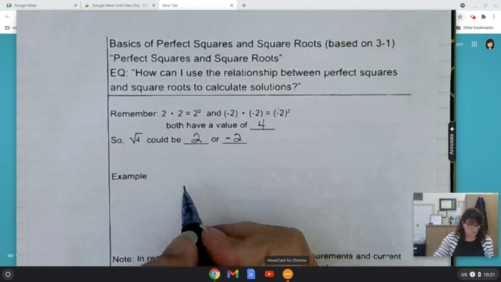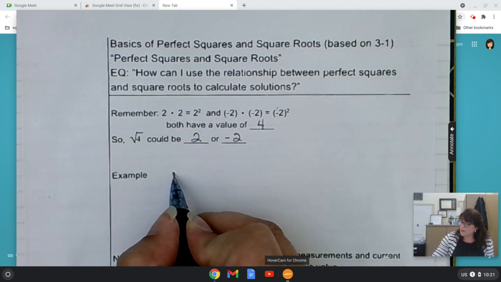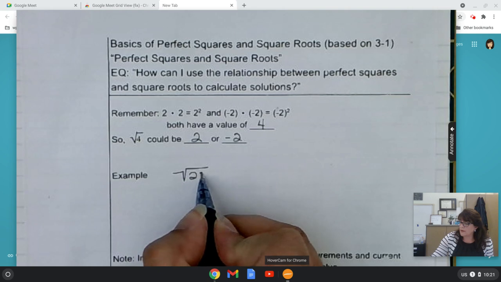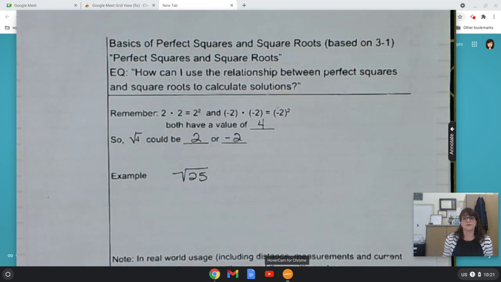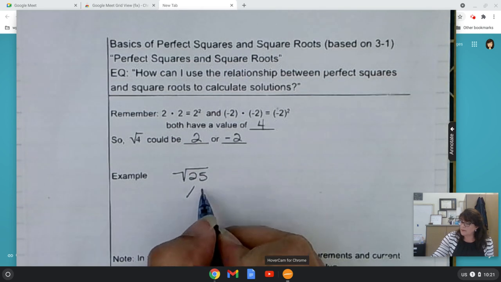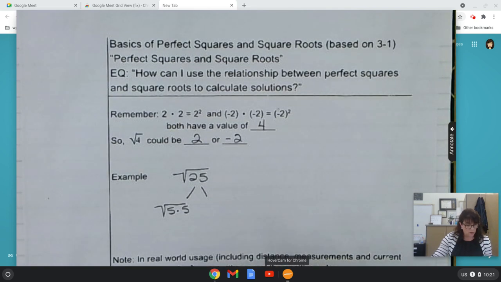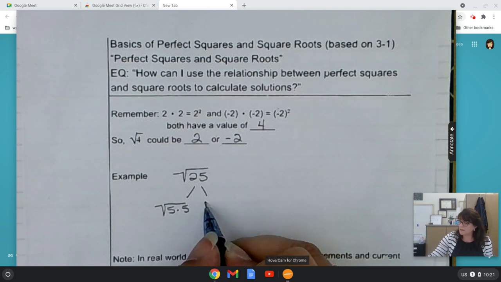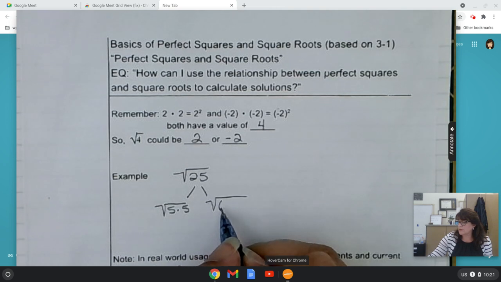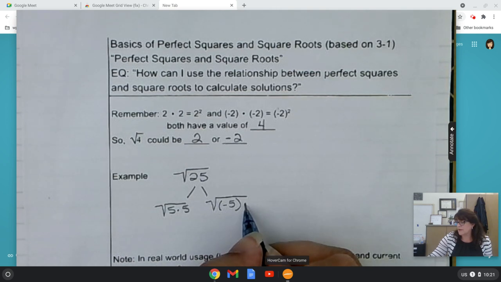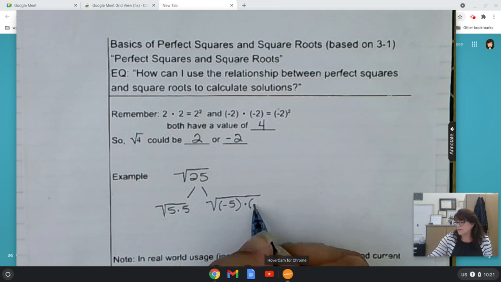Here's an example. The square root of 25. Please write that in your notebook. It could mean the square root of 5 times 5, or it could mean the square root of negative 5 times negative 5.